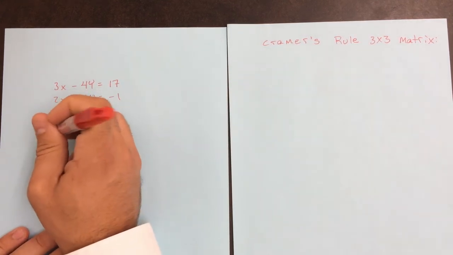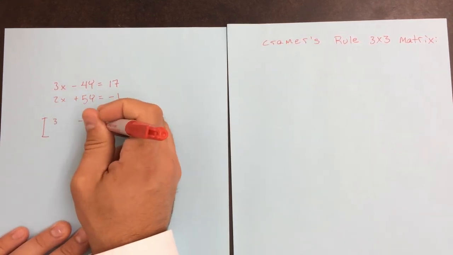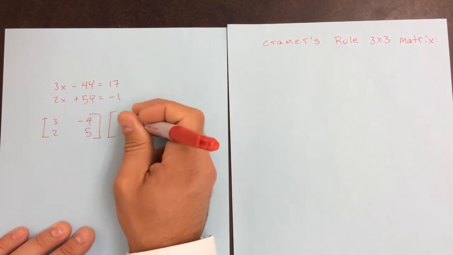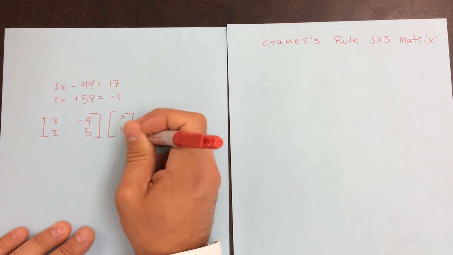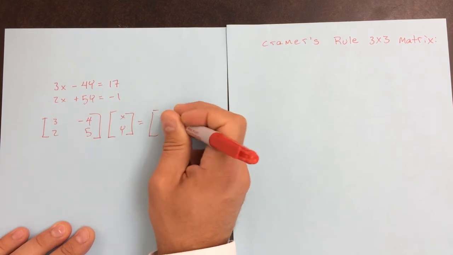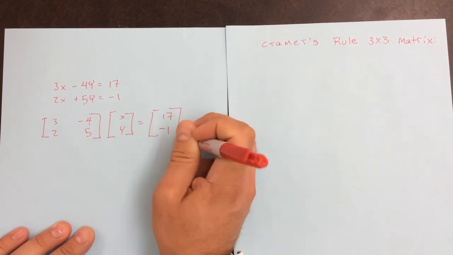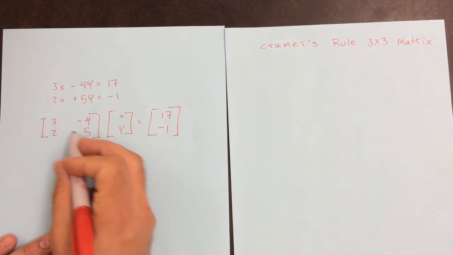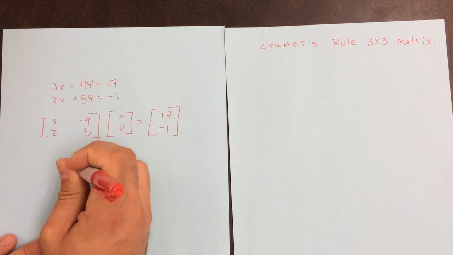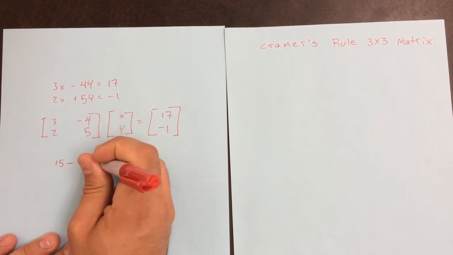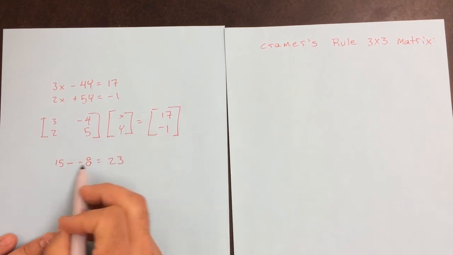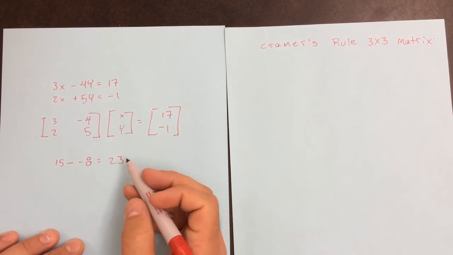I'm going to write the matrix equation first: coefficients times variables equal constants. Now I'm going to find the determinant of this first matrix, which is 3 times 5, or 15, minus negative 4 times 2, or negative 8, which equals 23. Minus a negative means I'm really adding, so 23.